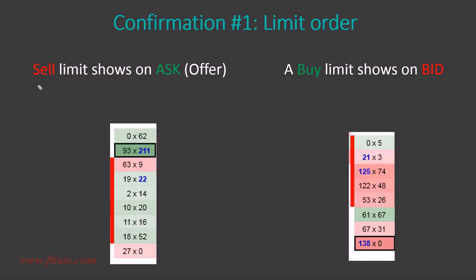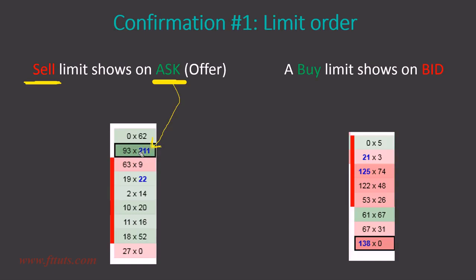What this is all about is how you identify that the limit order is actually a selling limit order. The tricky part is that a selling limit order appears on the ask. So in here, this is the ask side. Now the tricky part is that the order flow prints this cell in green color, so it sort of looks like those are buyers.